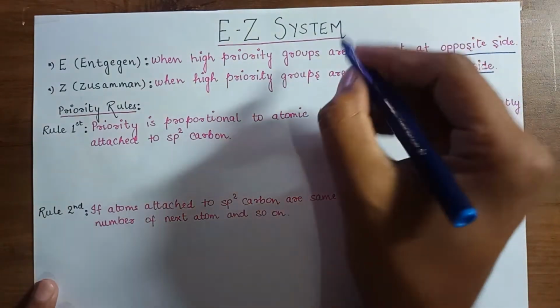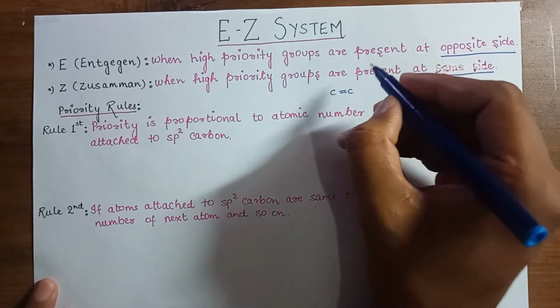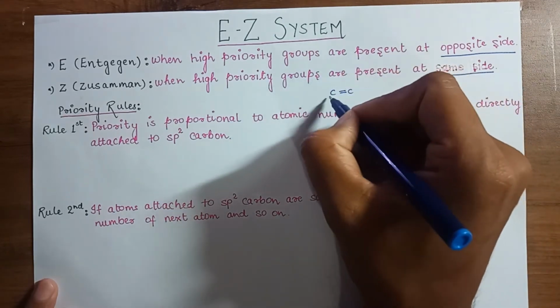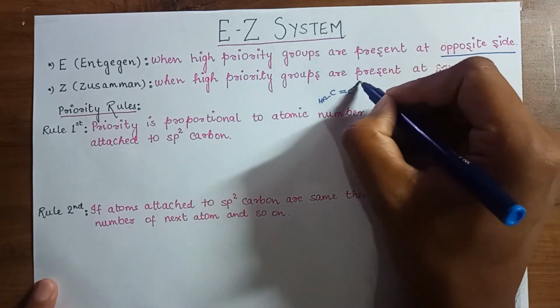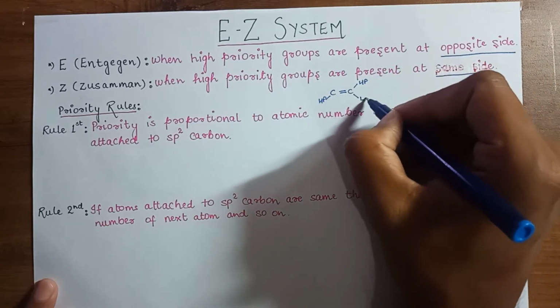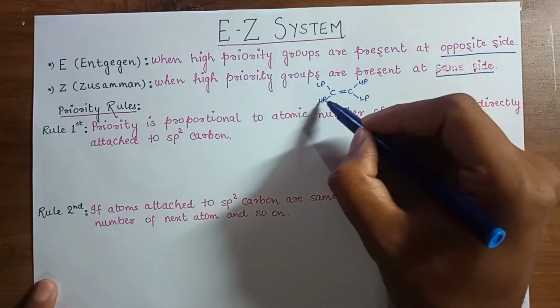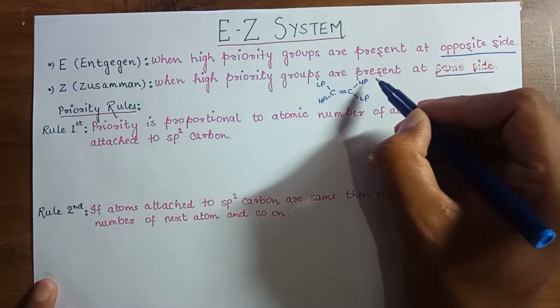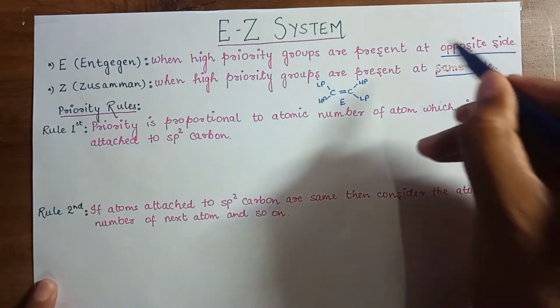Z. So we can see C double bond C, high priority, low priority, low priority. So high priority on the opposite side, so it will be my E, Antigen.